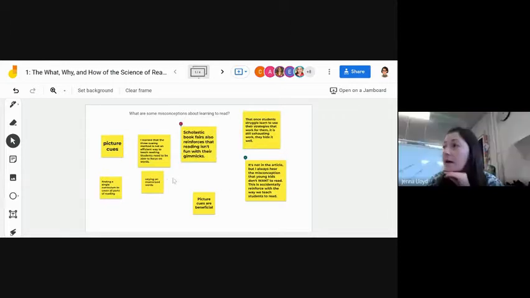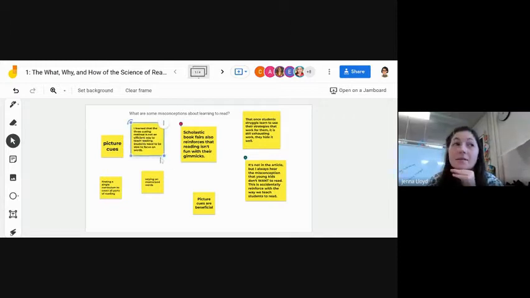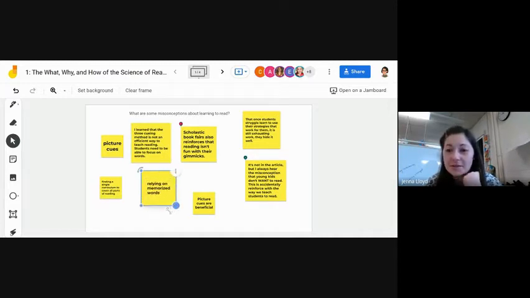I think that as primary teachers, we assume that because this is what we do and this is the land that we live in, with phonics and putting words together, parents know how to do that with their kids, and they have absolutely no idea.